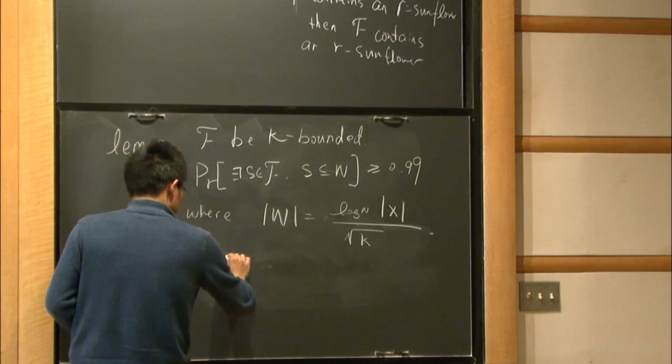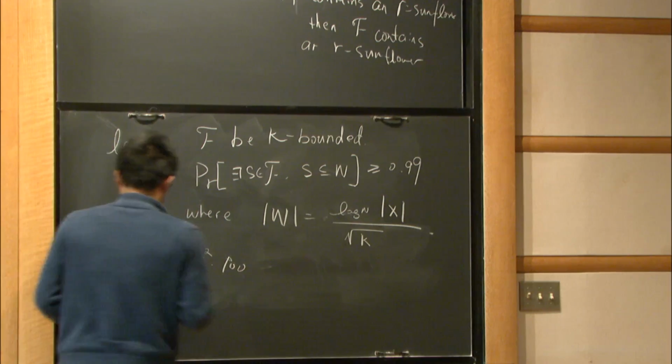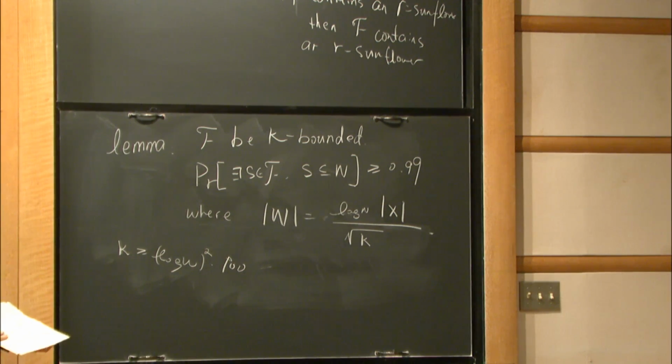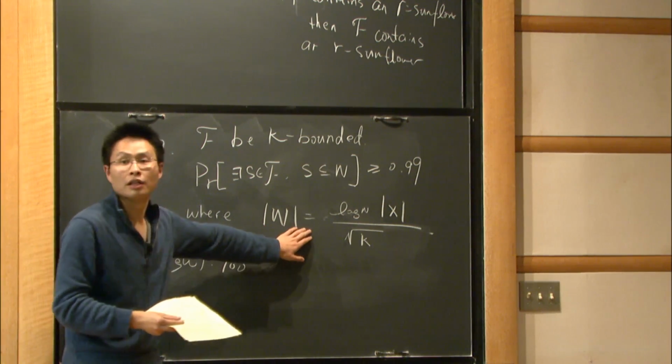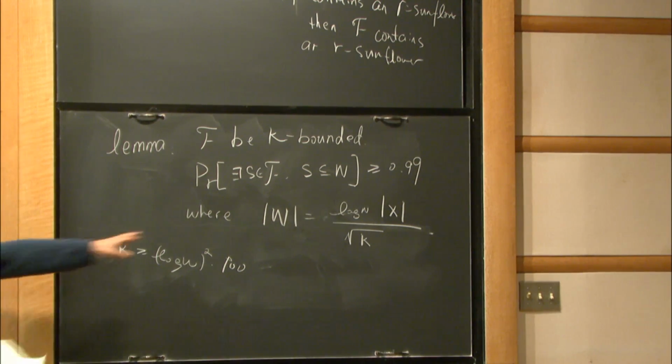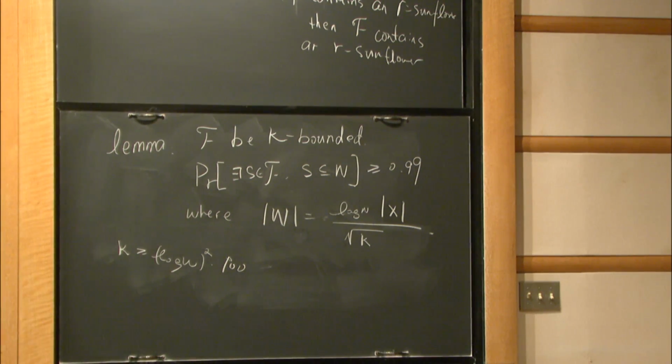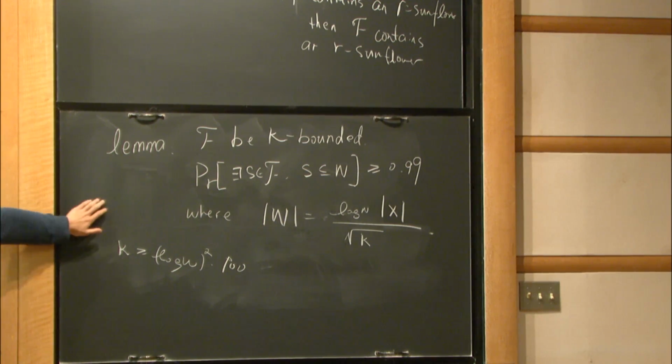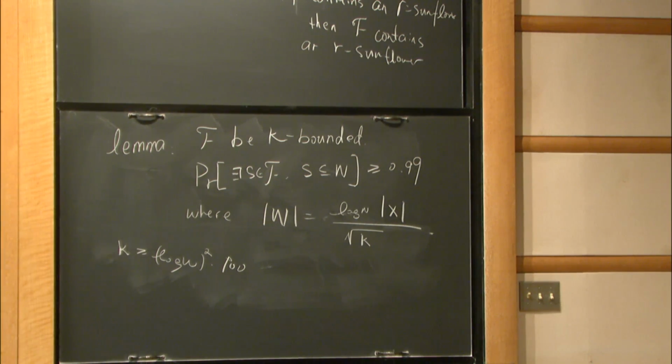That's the reason we get log W. So that is the main lemma. This one is stronger than sunflower, because this is a high coverable probability.